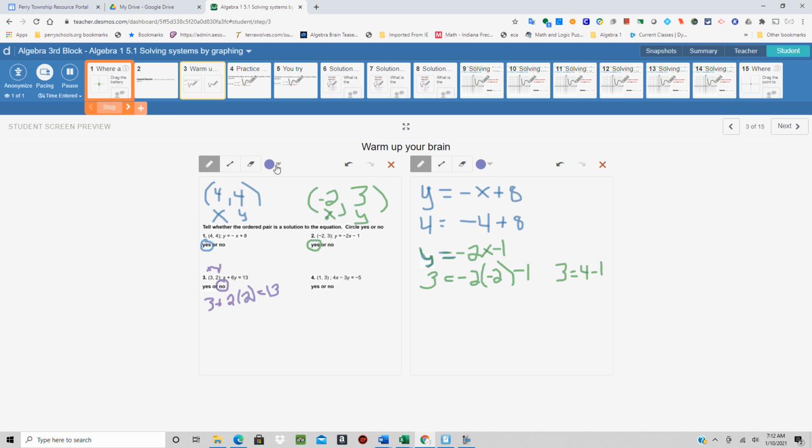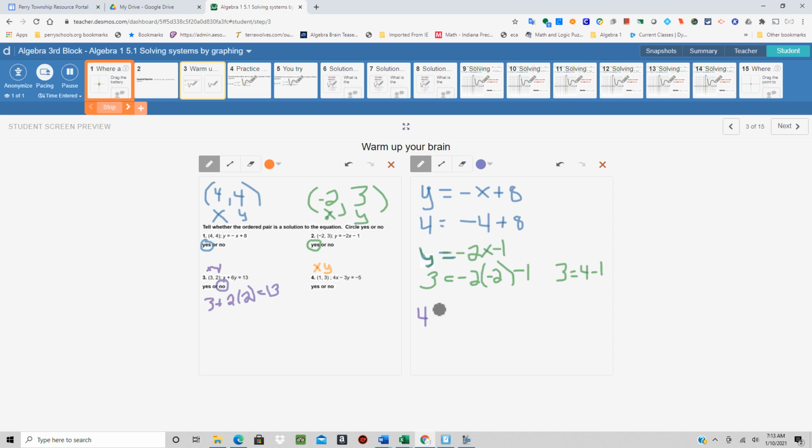And the last one, that one in orange, I'm going to do it over here where there's a little bit more space. My x is 1, my y is 3. So I have 4x minus 3y equals negative 5.